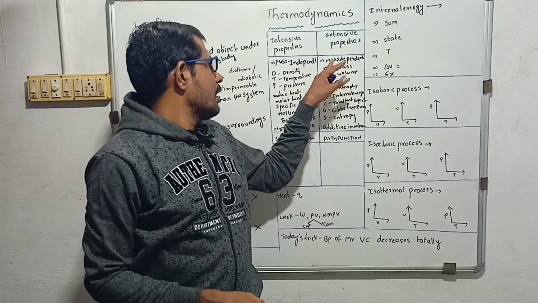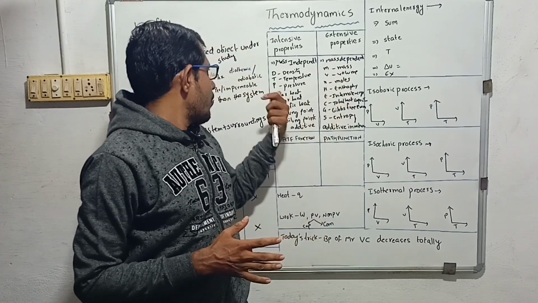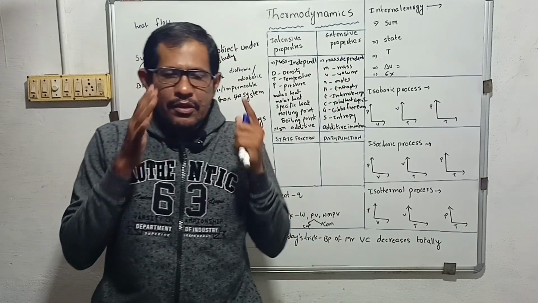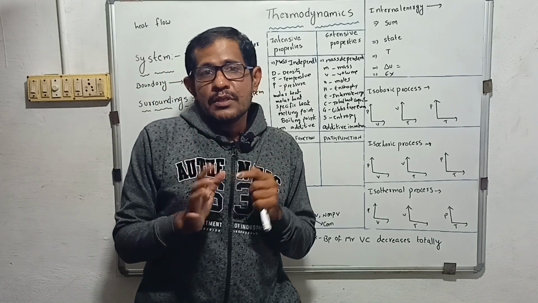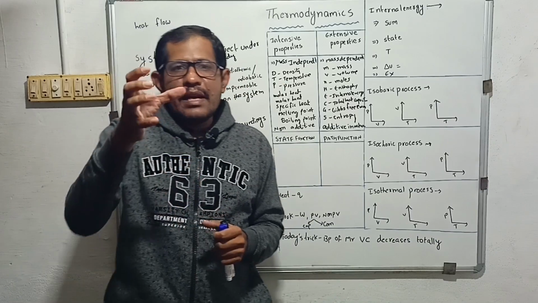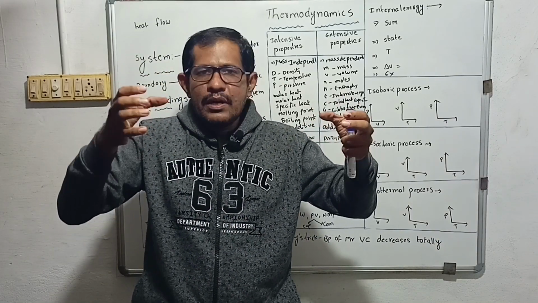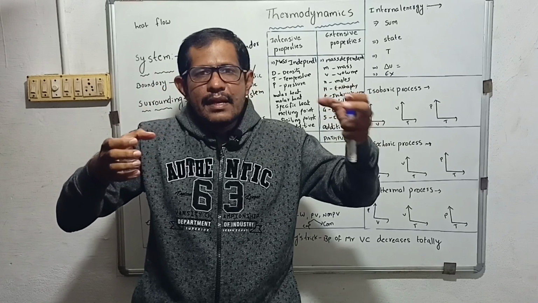Sir, how can you say that mass is an extensive property, volume is an extensive property, and temperature is an intensive property? I will give an example, so that it will give you some idea to identify which is extensive and which is intensive. I have two glasses. One glass is full of water. Another glass is empty.